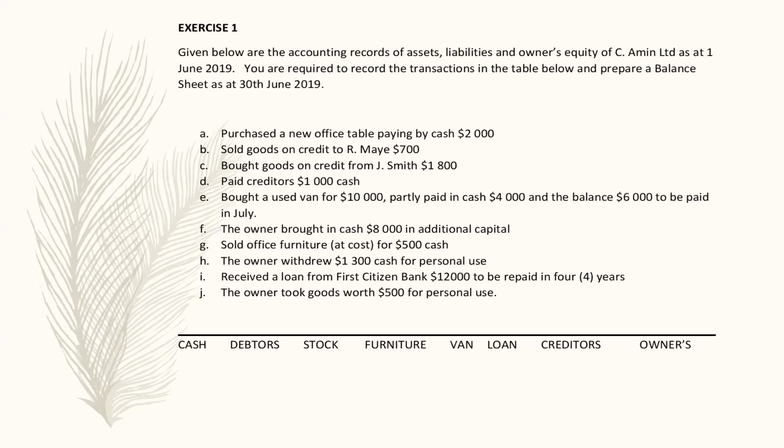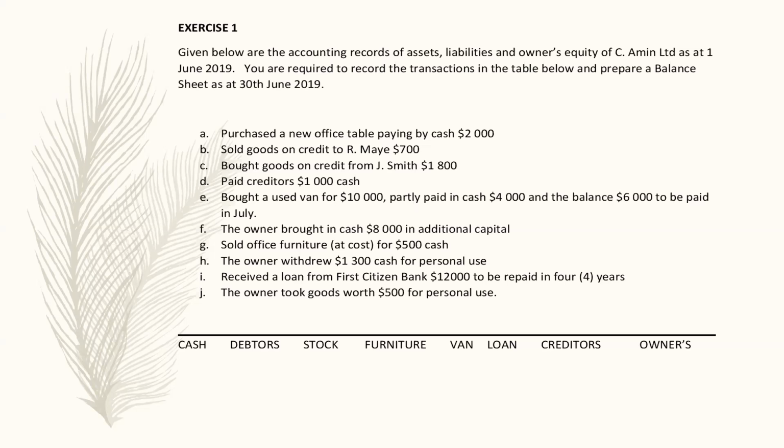And the last one, the owner took goods worth $500 for personal use. Let me tell you as well that the owner doesn't always have to take out cash from the business. The owner can also take out goods from the business, and all of that is considered drawings.